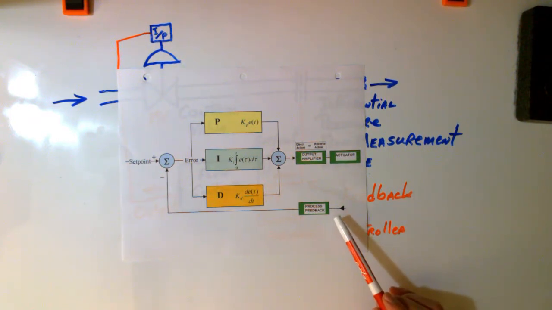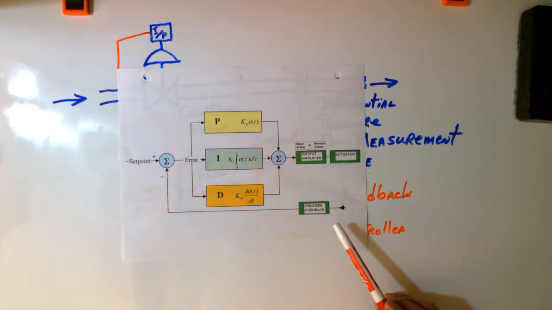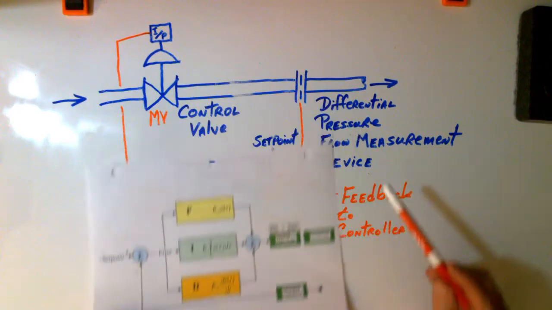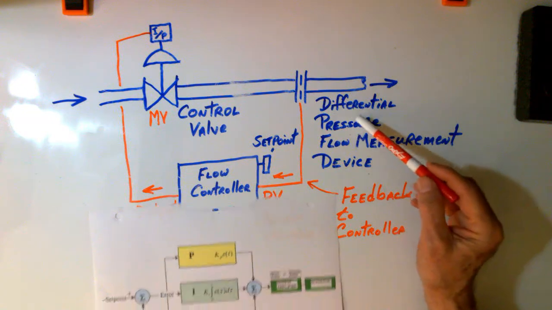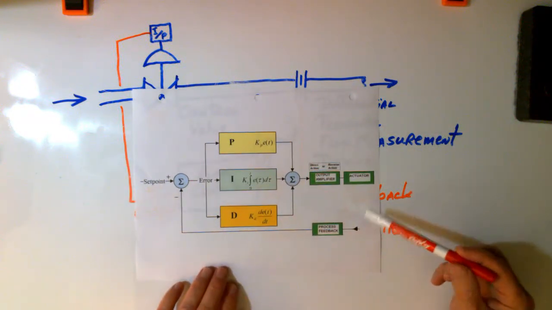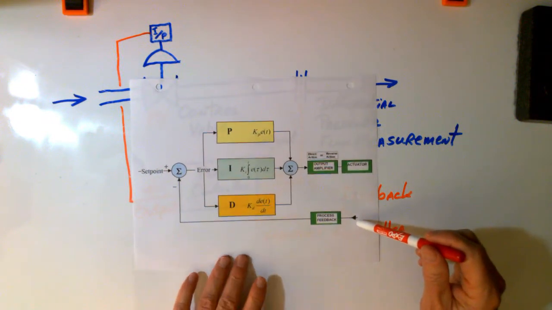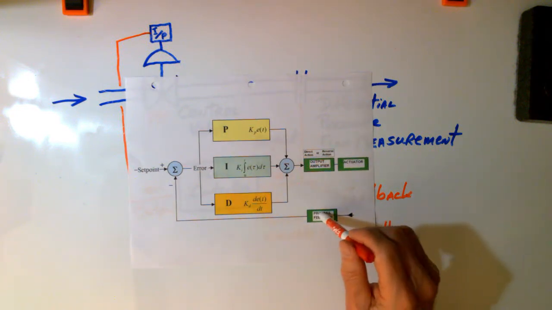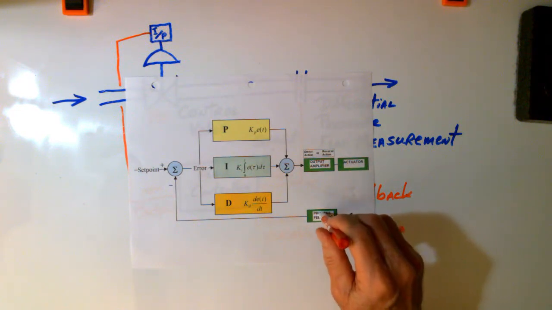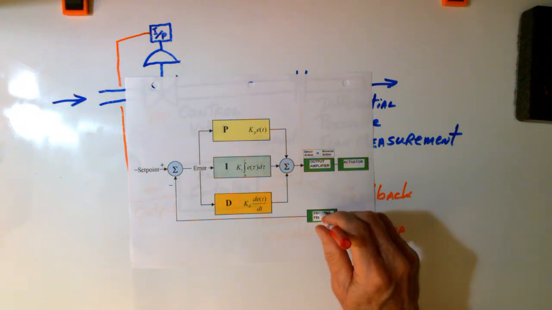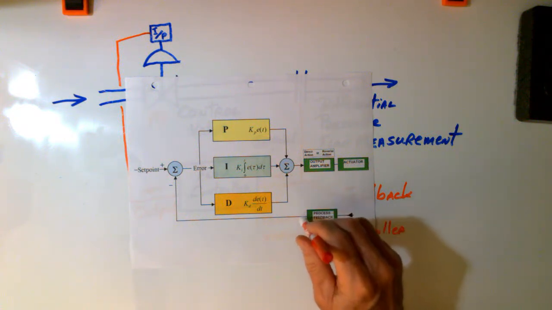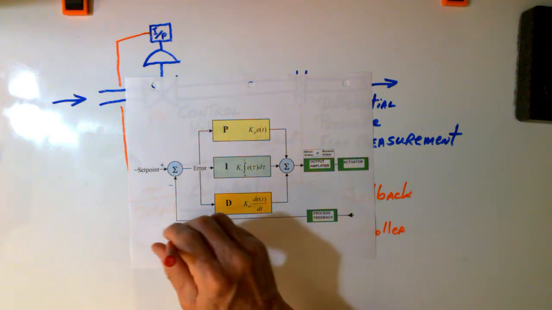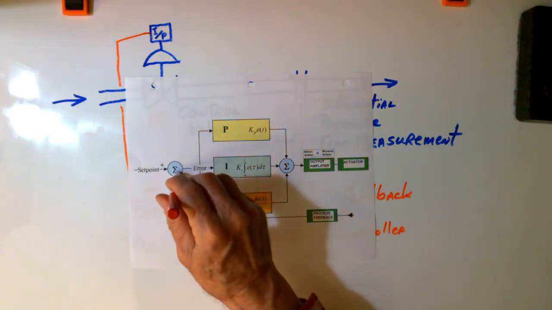What we were measuring and sending back as feedback was the rate of flow in the pipe by using this differential pressure device. So the DP, the differential pressure device, is sitting here. It probably incorporates the transmitter to convert the signal to 4 to 20 milliamps, coming back to this junction right here.